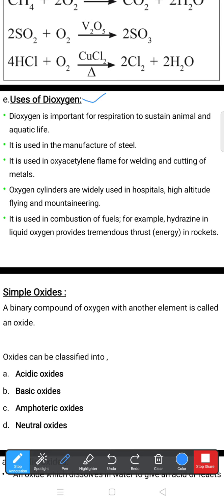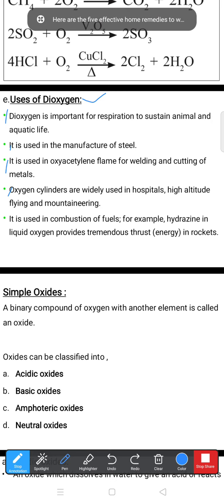Later on, uses of dioxygen, where it can be used. Dioxygen is important for respiration to sustain animals and aquatic life, that we already discussed. It is useful in the manufacture of steel. It is used in the oxyacetylene flame for welding and cutting of metals, with acetylene.